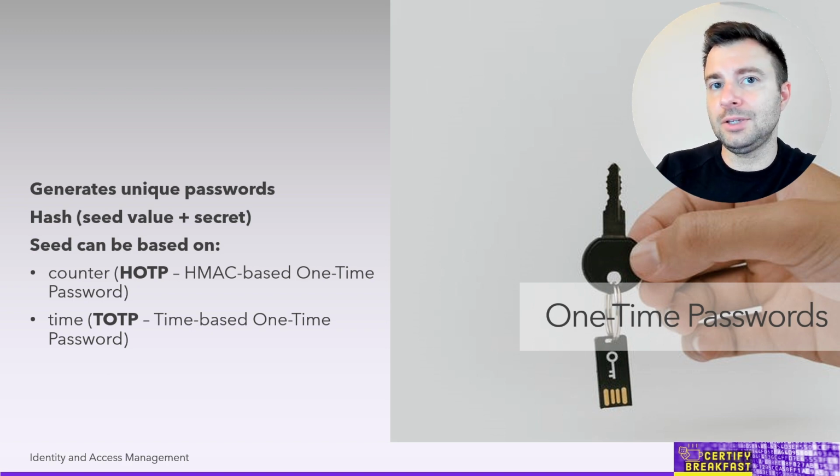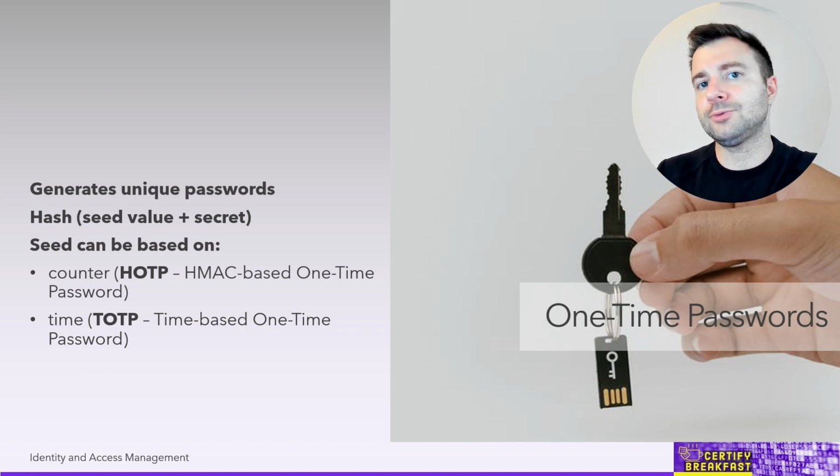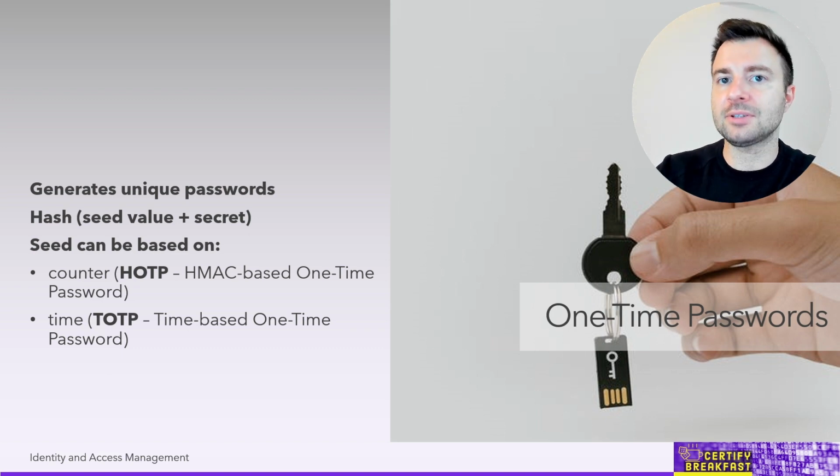These are the codes that in your one-time password generator app, you're going to see as expiring in a couple of seconds. Usually they're valid for 30 seconds or 1 minute or so, just to give you enough time to enter the generated code into whatever authentication system you're logging into.